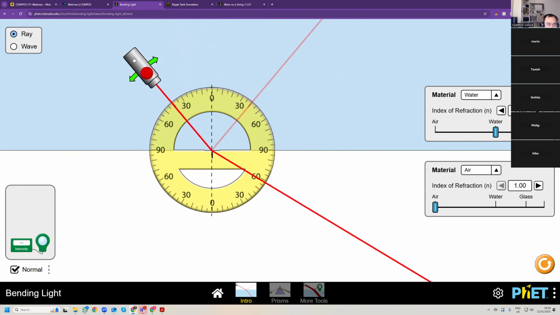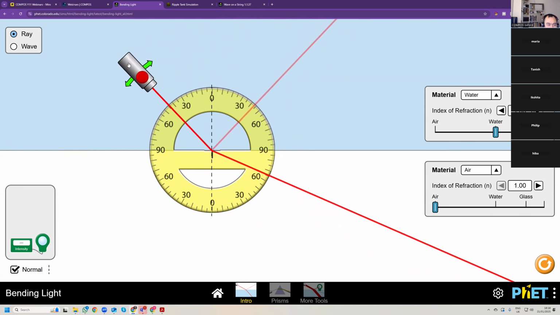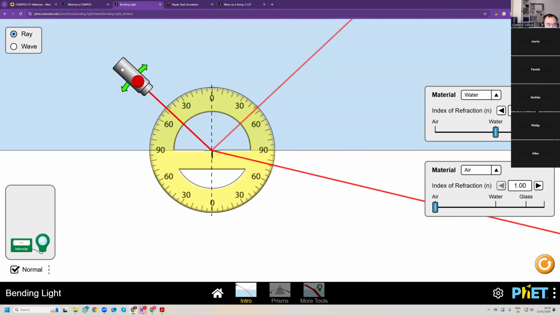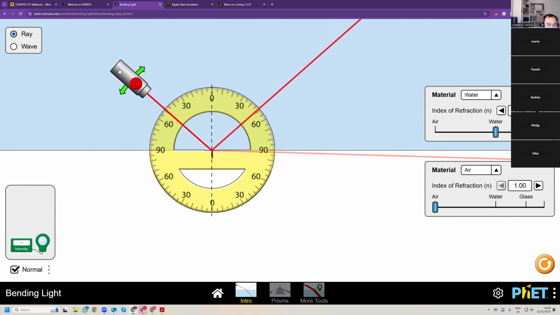At about 40 something-ish degrees, 46, 47, 48, the refracted ray disappears. Look, the refracted ray disappears and you only have reflection. So this angle is known as the critical angle.